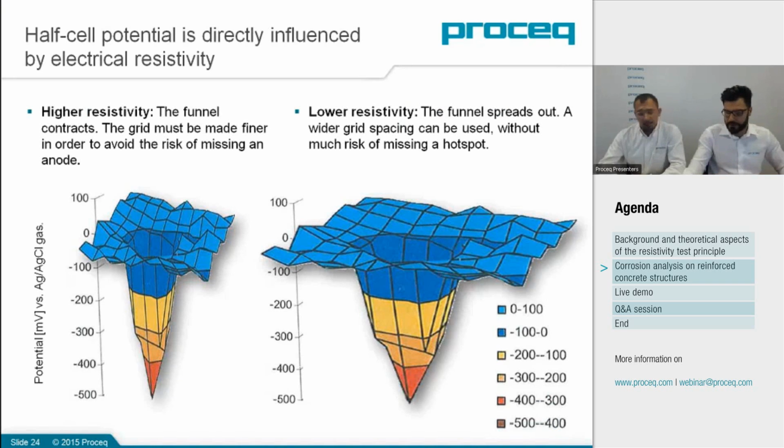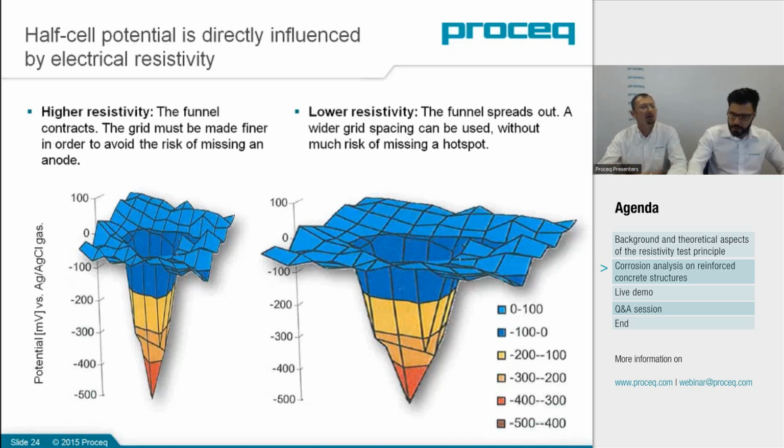And again, the design of the testing campaign is the critical starting point. In this phase, we're just optimizing the half cell potential grid. My goal is to be as coarse as I can, because I will save time, but I don't want to run the risk of missing a hotspot.